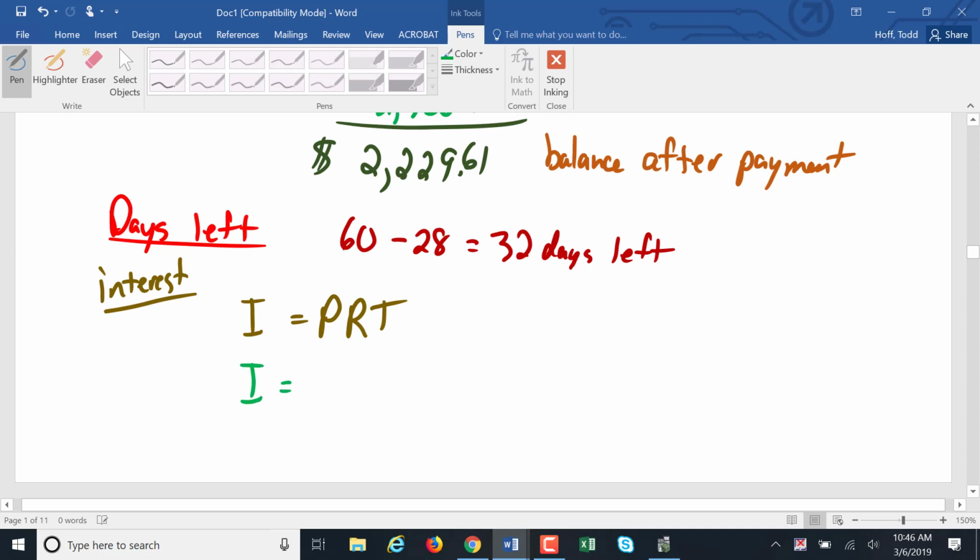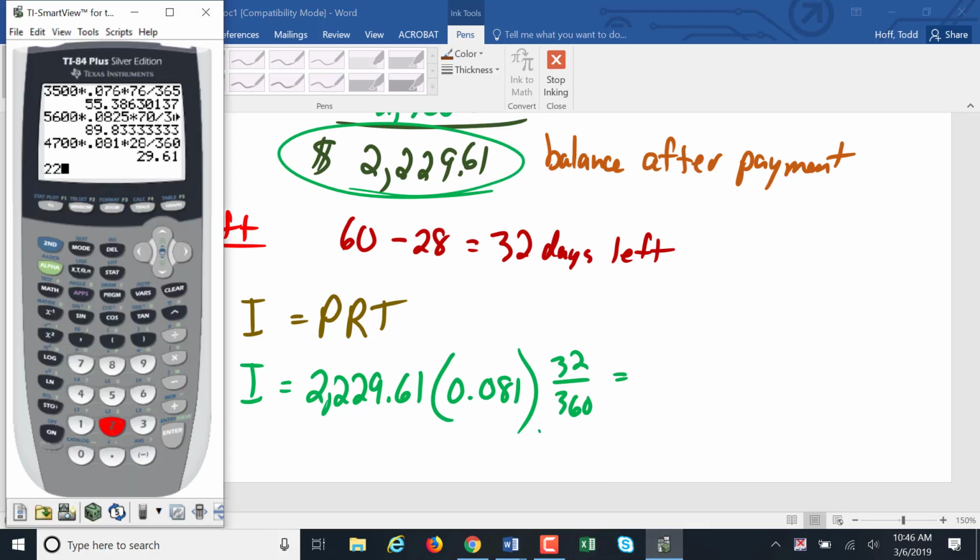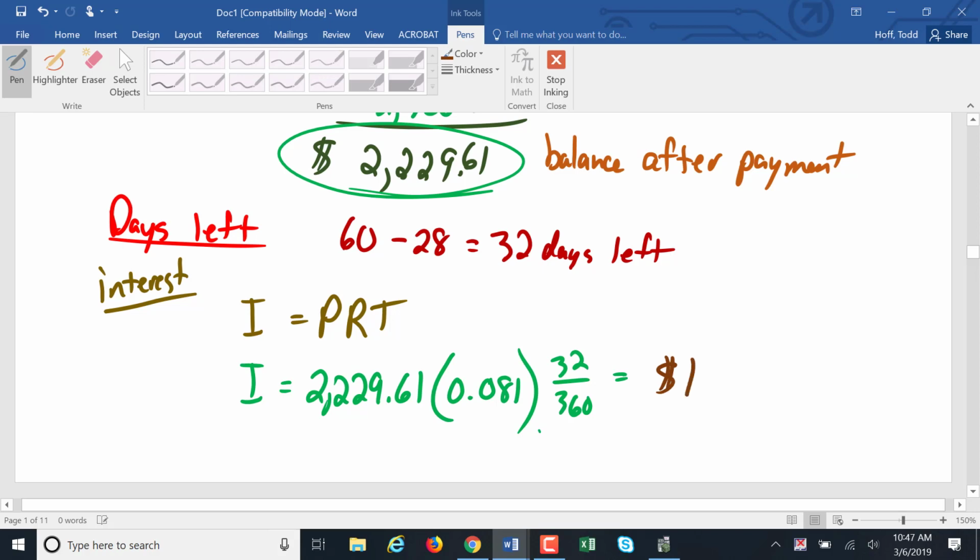Our principal now is that balance of $2,229.61 that was left after that previous payment. Our rate is still 0.081, 8.1%. And now it's times 32 days out of 360. So 2229.61 times 0.081 times 32 divided by 360 is $16.05.